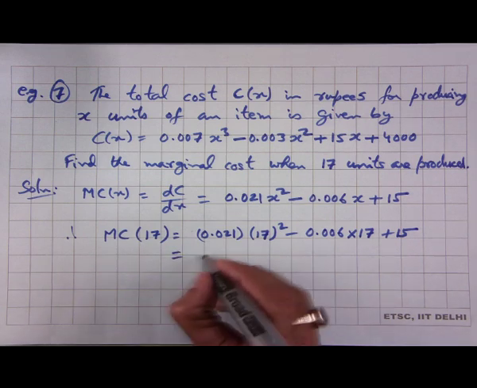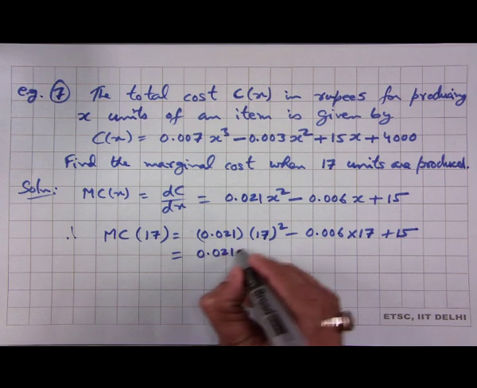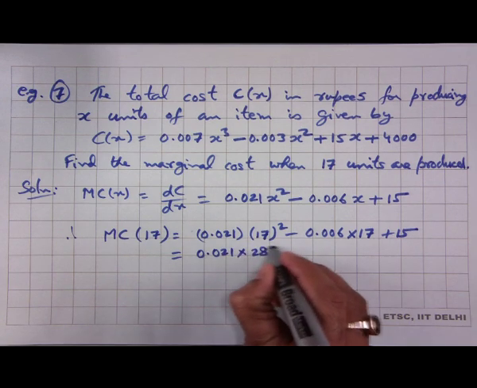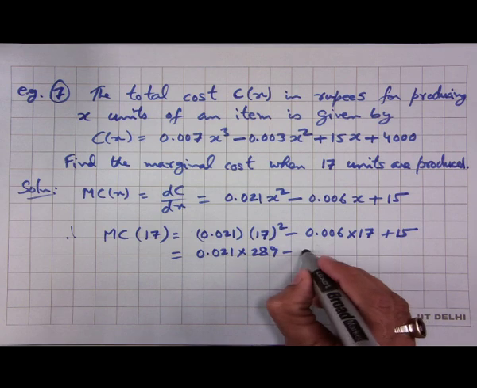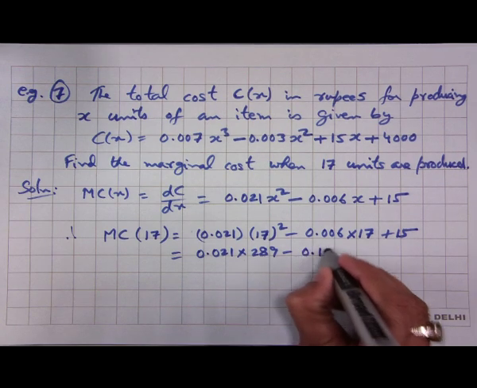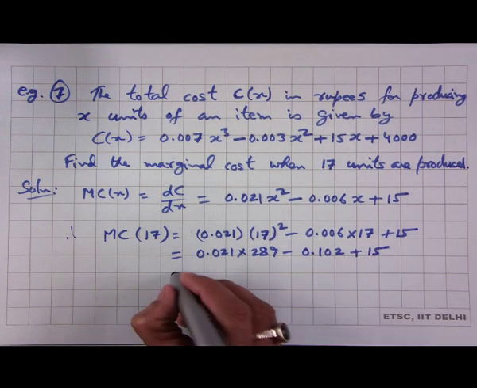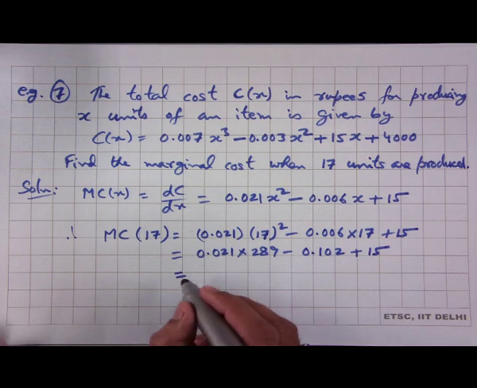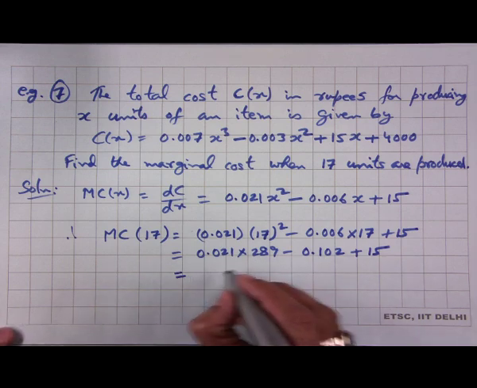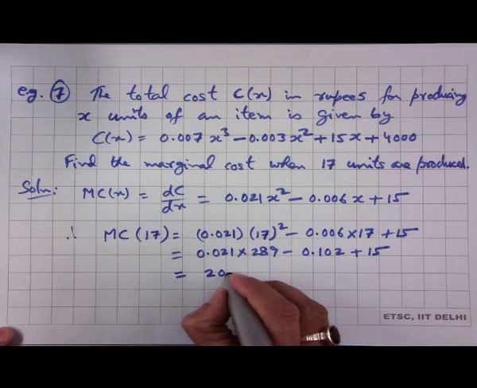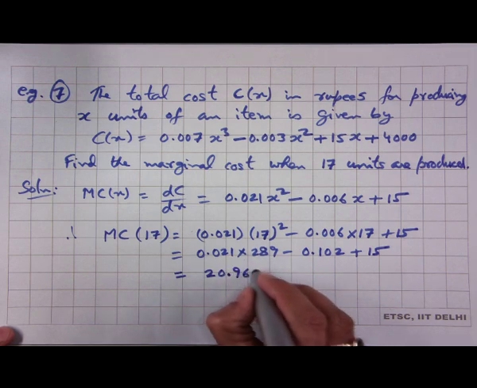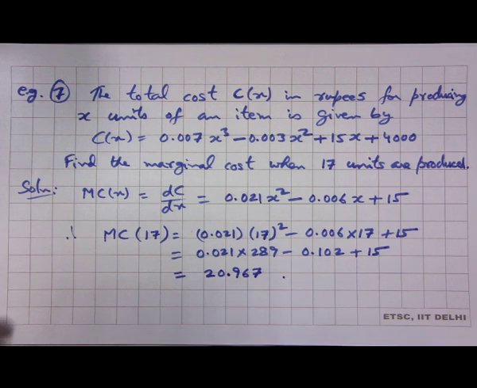And this is 0.021 times 289 minus 0.102 plus 15. And if you calculate, you get 20.967. This is the marginal cost.